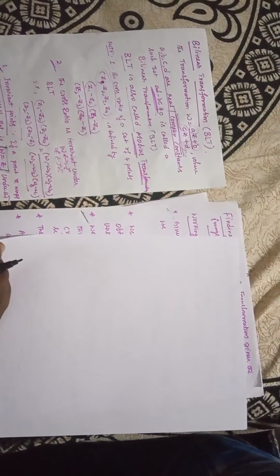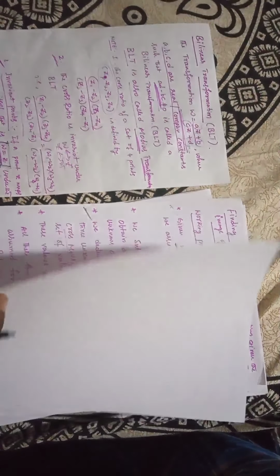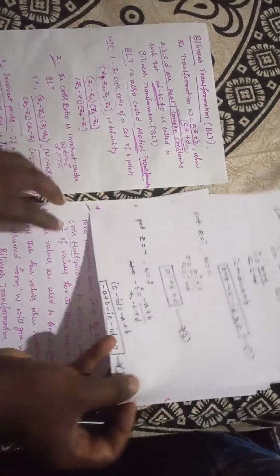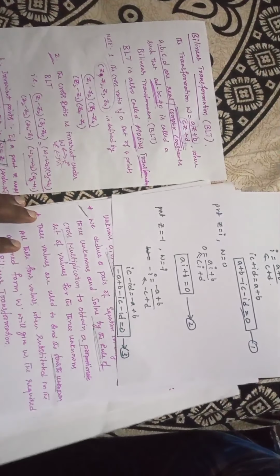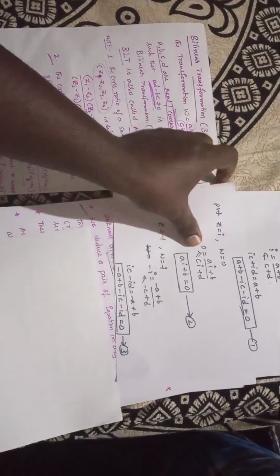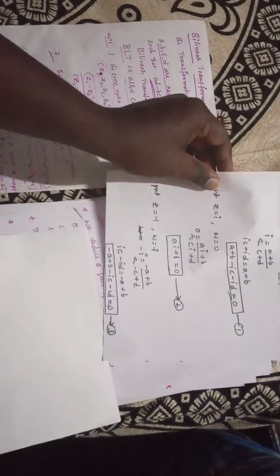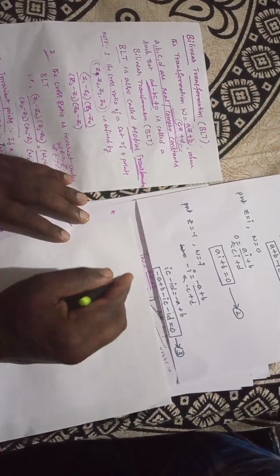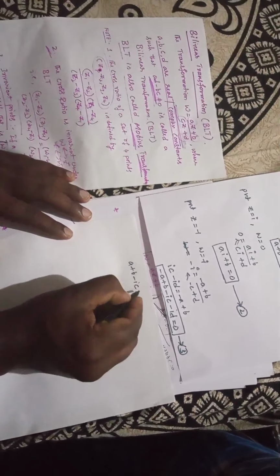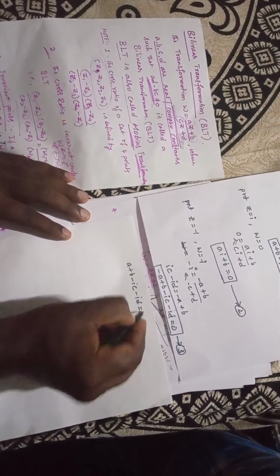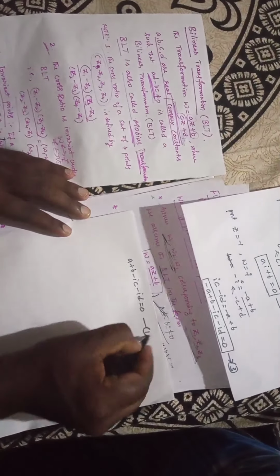Here I will write the equations once. The first equation is a plus b minus ic minus id equal to 0. This is equation number 1.